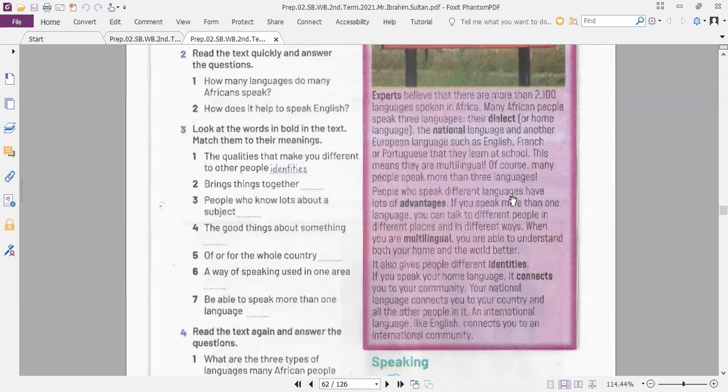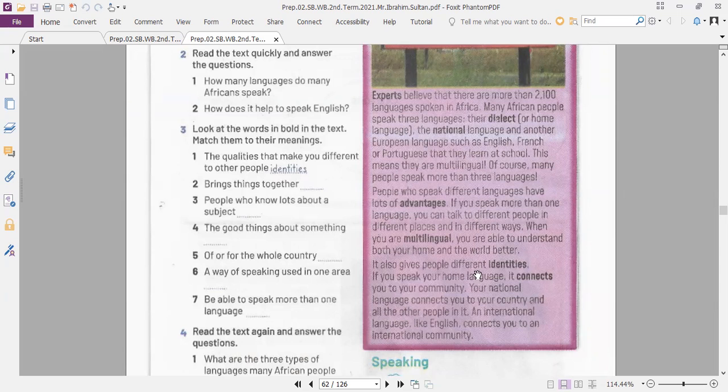People who speak different languages have lots of advantages. If you speak more than 1 language, you can talk to different people in different places and in different ways. When you are multilingual, you are able to understand both your home and the world better.